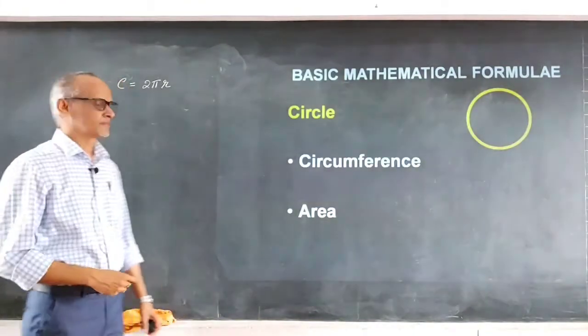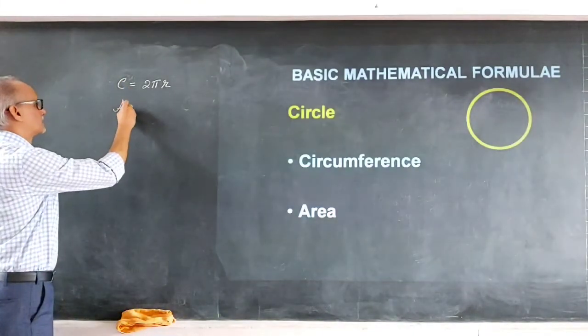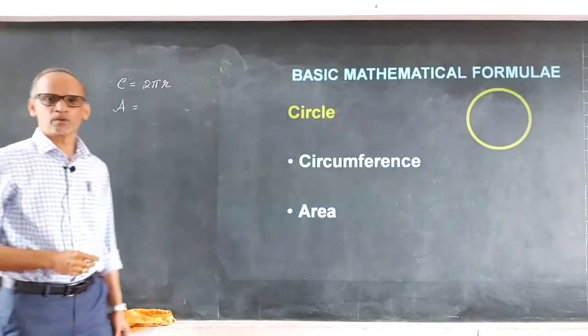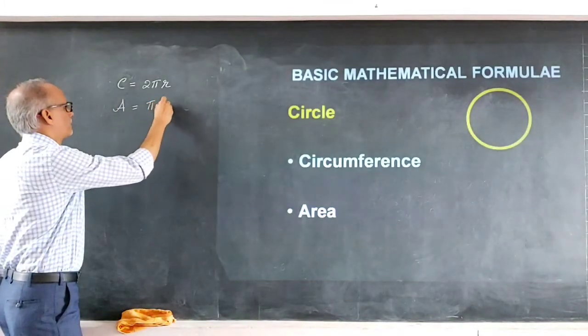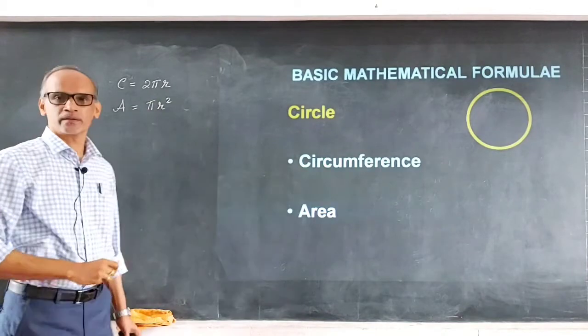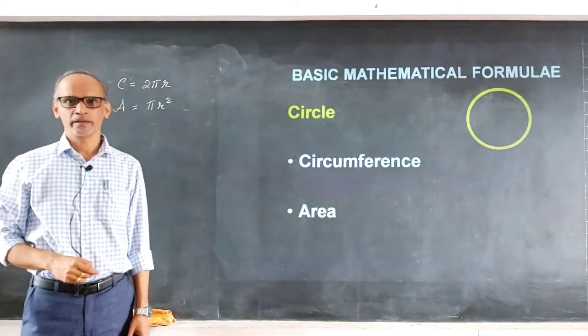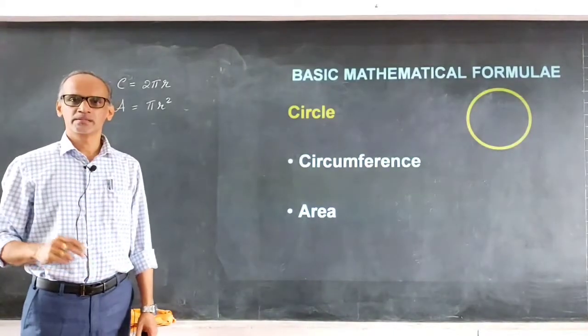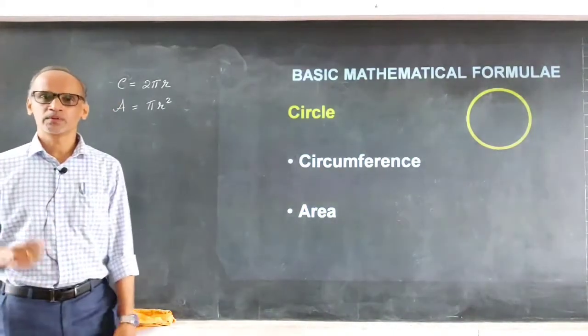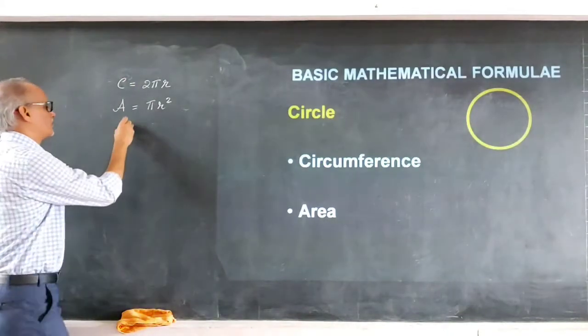What next? Area of the circle. For area we use the symbol A. So do you know what is the formula for area? So area is equal to pi r square is the formula for area. So circumference is 2 pi r and the area is pi r square. What is the value of pi? Definitely you have to remember this value.